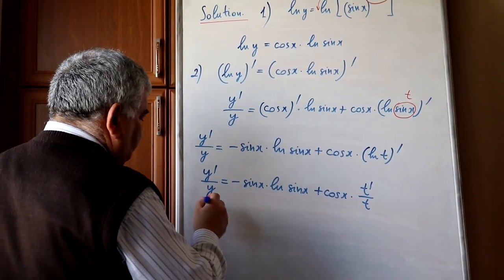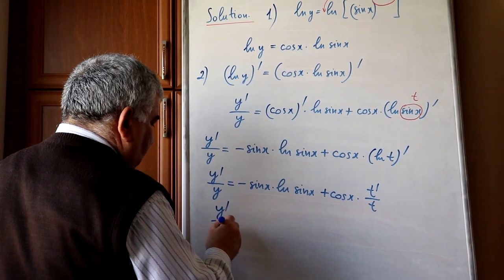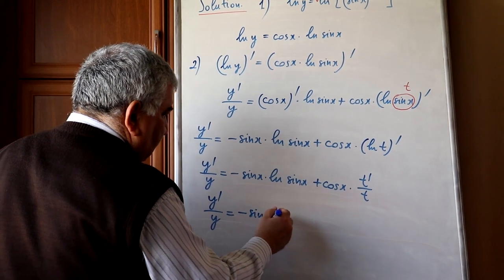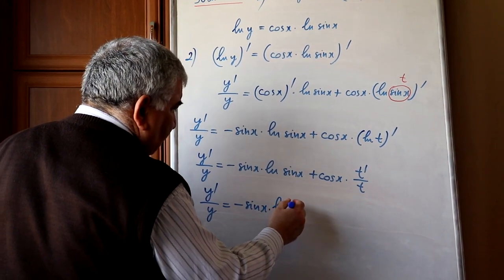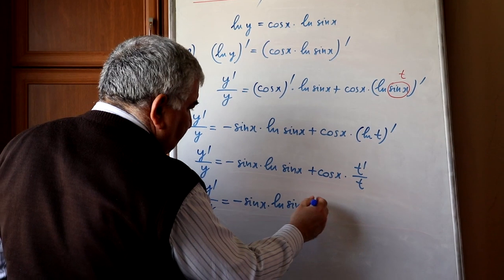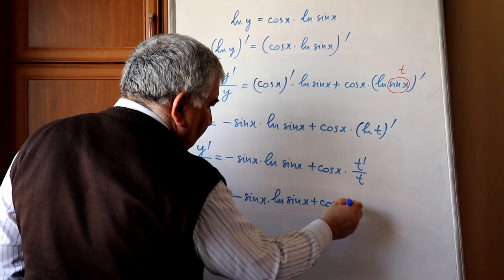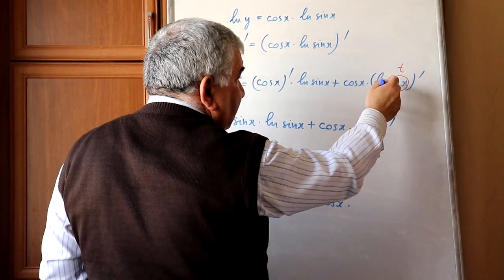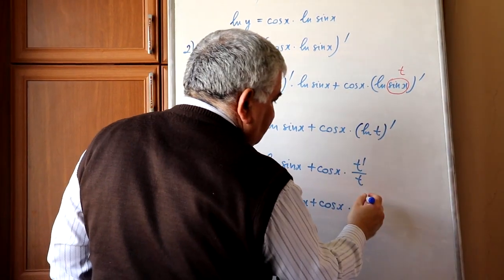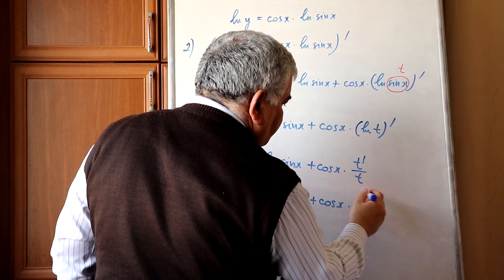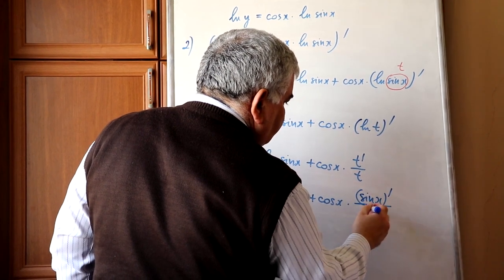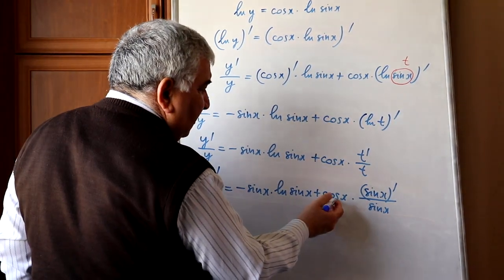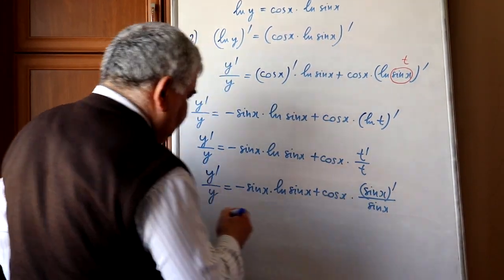Y prime over y equals minus sine x multiplied by natural logarithm of sine x plus cosine x by sine x prime, because the derivative of ln t is t prime over t. Sine x prime is cosine x, and multiplying by cosine x gives cosine squared x.